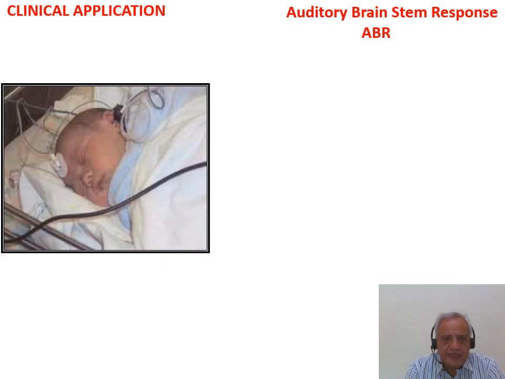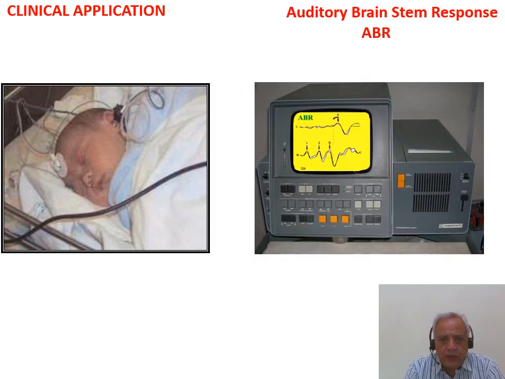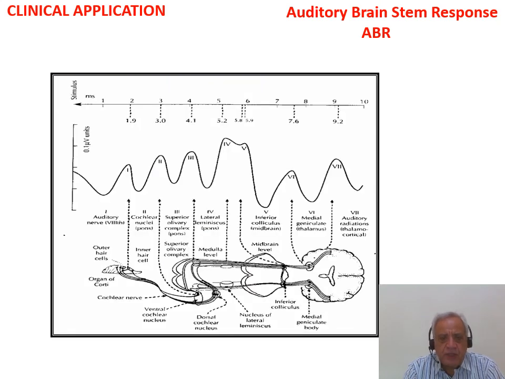We put the child asleep, and we put a sound stimulus in his ear, and we depend on receiving the waves reaching the brain from the cochlear nucleus to the inferior colliculi to the midbrain. The waves which will be drawn will appear on the screen, and by this you can say if the child is hearing and at what level he can hear.